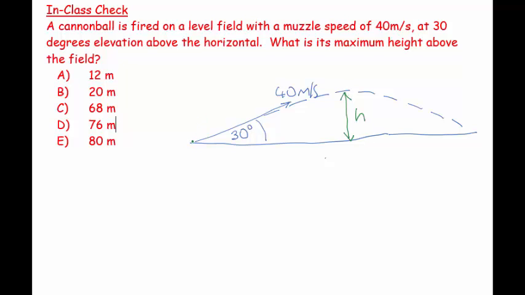So let's just imagine looking at the vertical component of the behavior. So the object starts here, and vertically it goes up to this point here, and then it comes back down again. And because we're interested in the maximum height, we'll say vertically the part of the journey that we're interested in ends there.